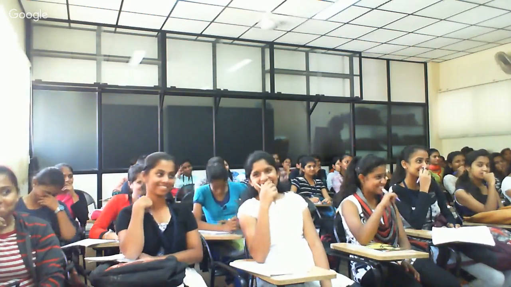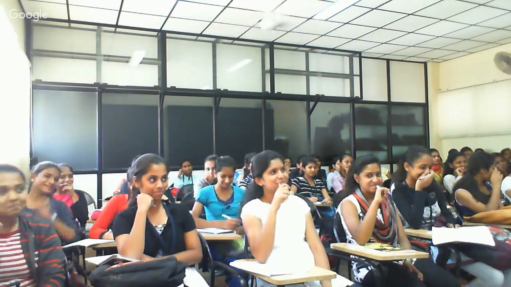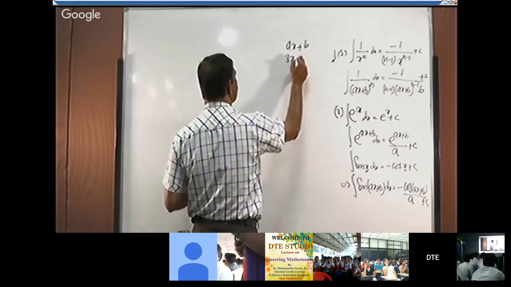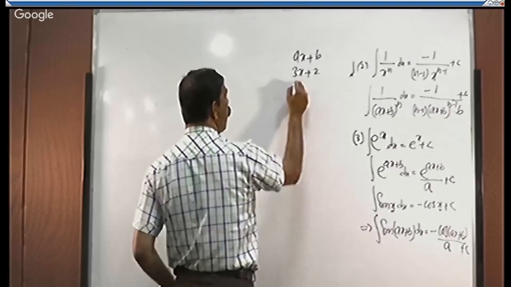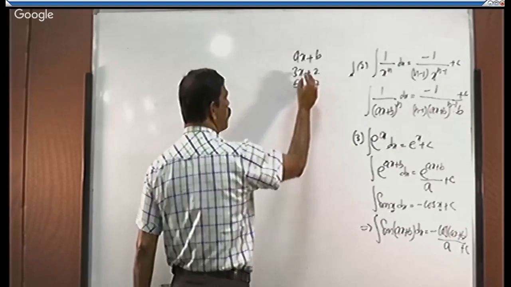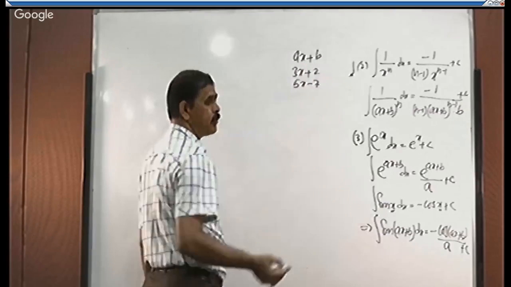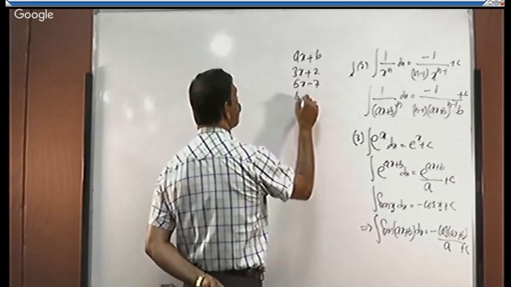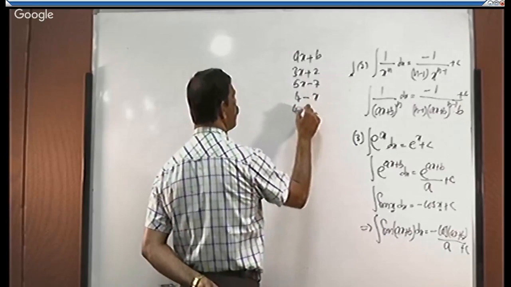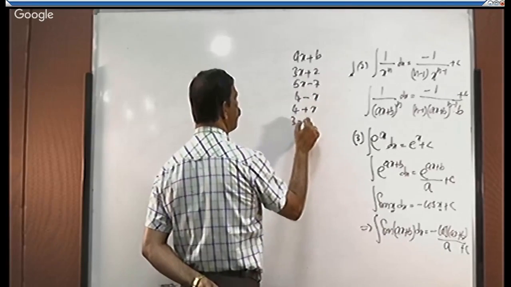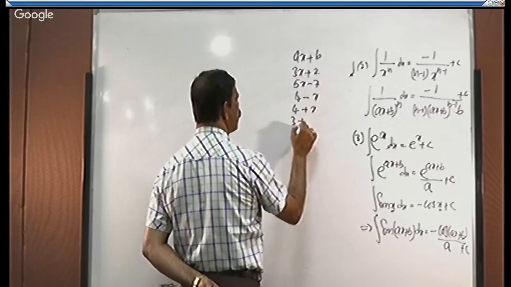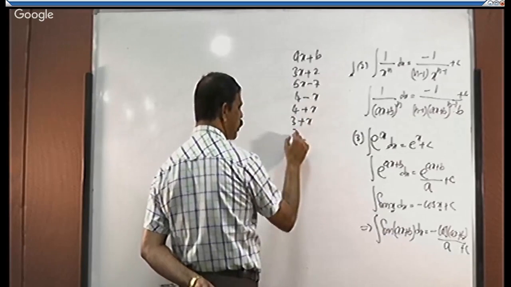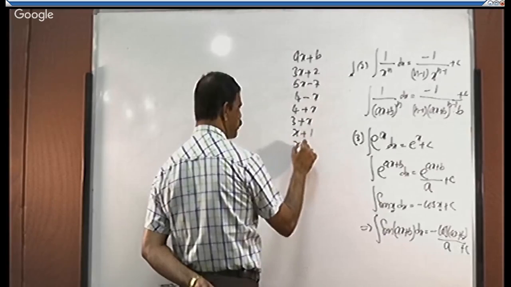What is a? a may be any constant. What is b? b may be any constant. So ax plus b means it may be like 3x plus 2, 5x minus 7. See, a, b may be any constant. It may be positive or it may be negative, right? 4 minus x, 4 plus x, 3 plus x, x plus 1, x minus 1.